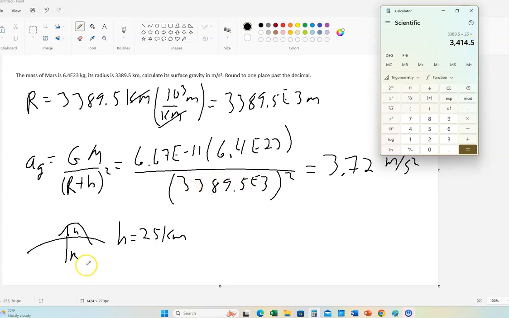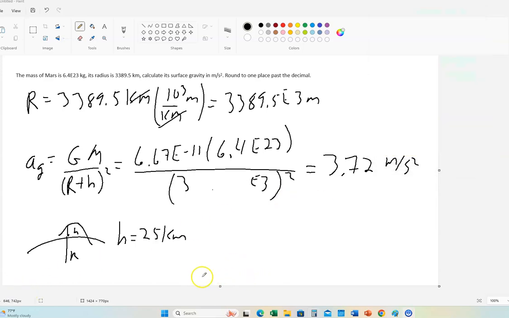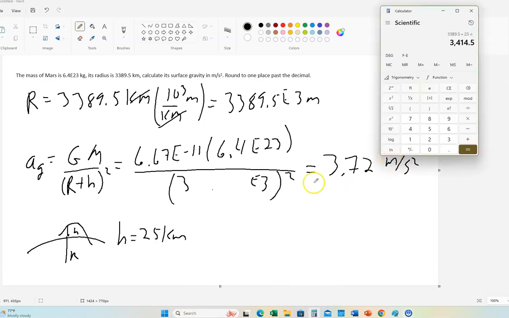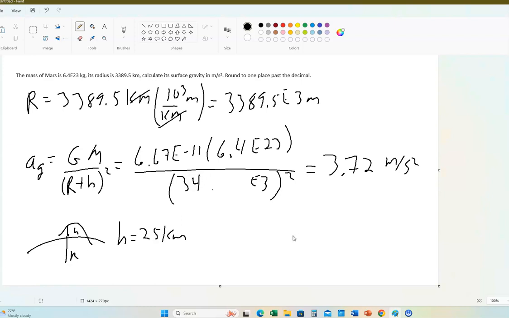Let me pause this and erase. So it's going to be 3414.5. It'll look messy if I just try to write over it, so I just erased that. So it's 3414.5, and of course times 10 to the third.